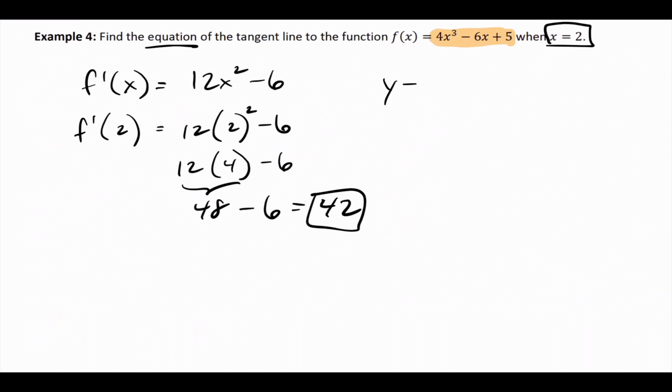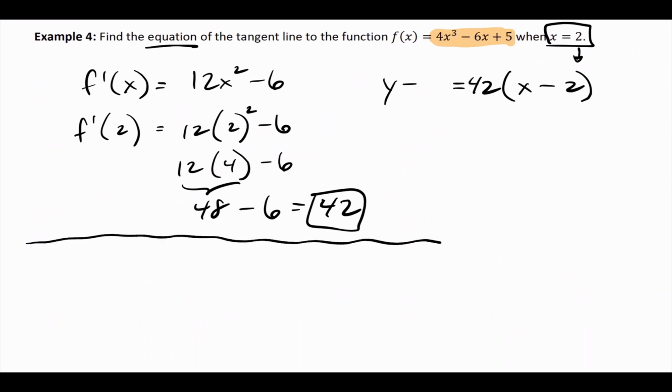Okay, so y minus y1 equals slope times x minus x1. Well, 42 is the slope, so that's going to go there. Two is x, so that's going to go here. How do I get y? Plug it in. Which one, f of x or f prime?